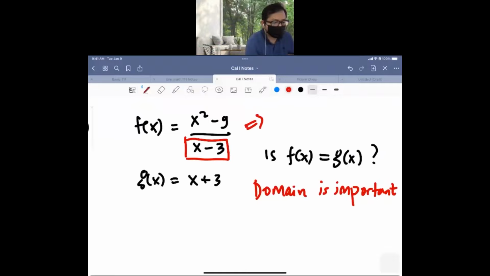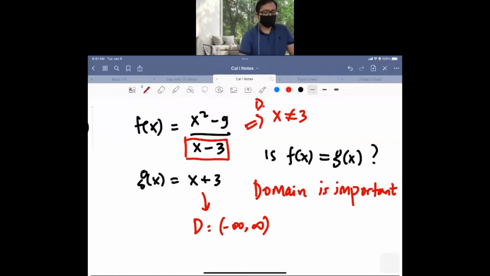It's not defined, so the domain should be all x except x equal 3. But here, the domain is everywhere. That's the difference. And then we bring these two functions into our limit.